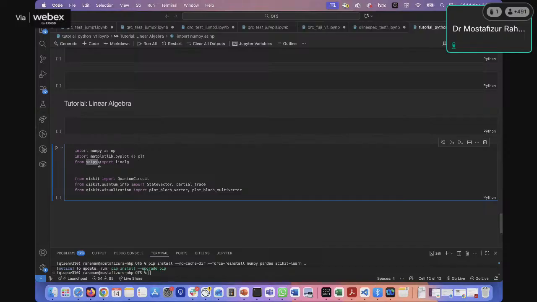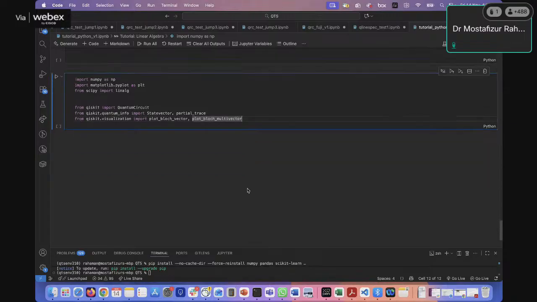SciPy is one scientific library from Python to help you with various scientific calculations like matrix inversion, etc. For example, I call this linear algebra package from the SciPy library. And I took a certain number of Qiskit packages: the Qiskit circuit, Qiskit info and Qiskit visualizations, right? I'll be sharing the code, don't worry. So let's take all these libraries for simplicity.